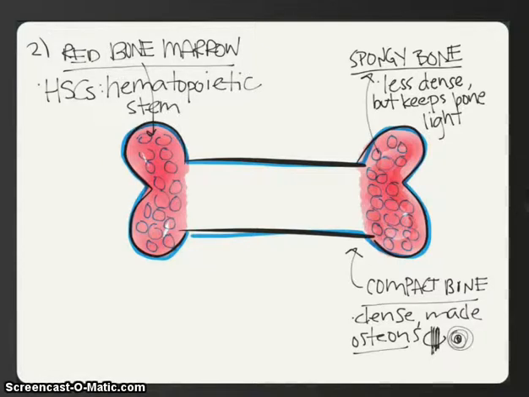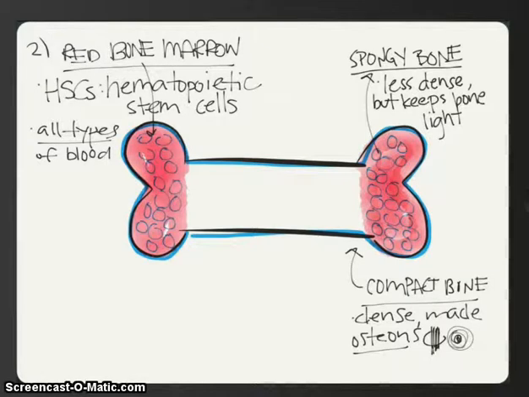And hopefully you know that stem cells are cells that are capable of becoming multiple types of cells. Hematopoiesis relates to the making of new blood.